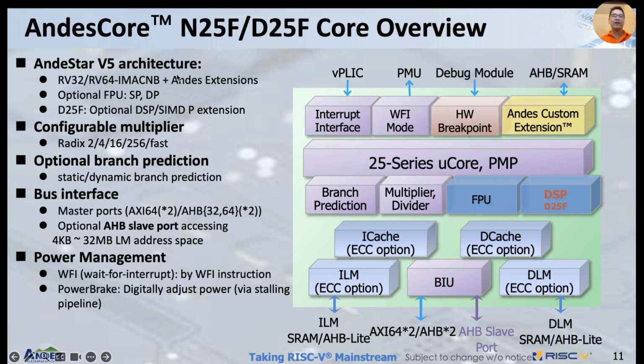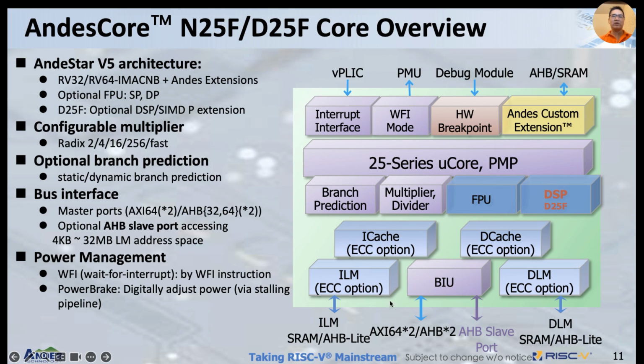The N25F can optionally support single precision or double precision floating point, and the D25F can optionally support DSP/SIMD P extension. They can configure the multiplier to either a fast multiplier or a slower but smaller multiplier. It can optionally support different branch prediction, with static or dynamic branch prediction.